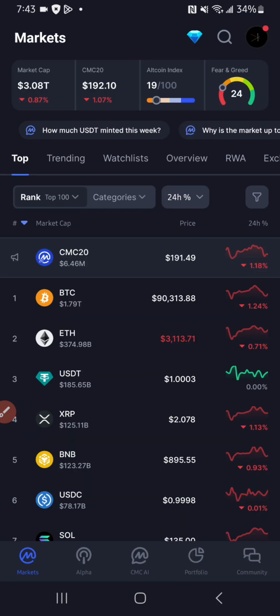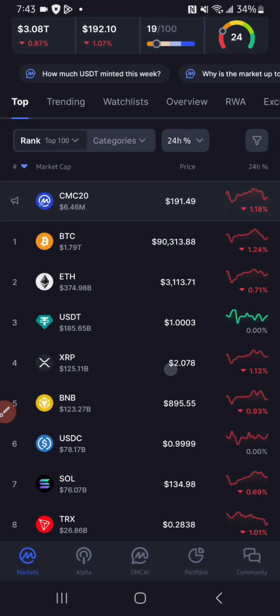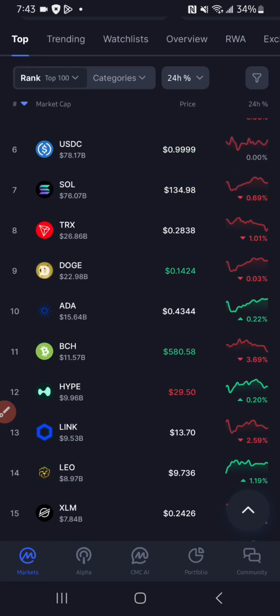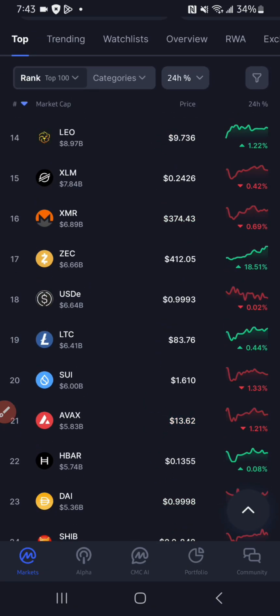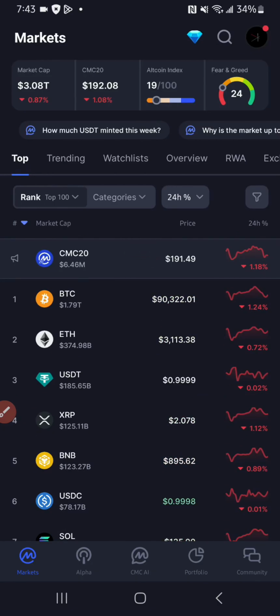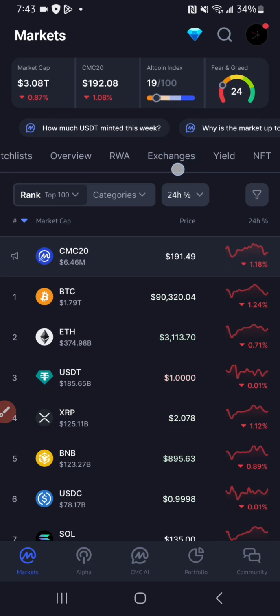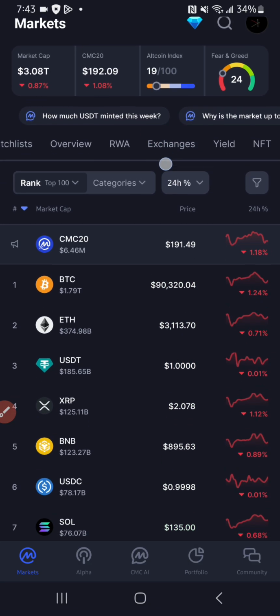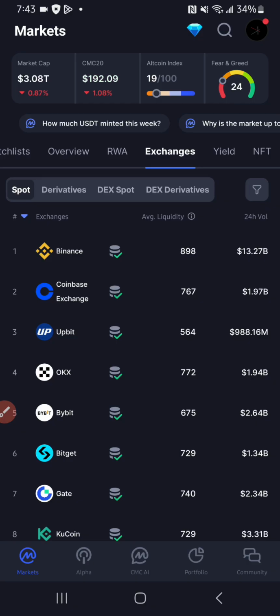On coinmarketcap.com, here is how it will look. All you will need to do is to make some configuration so that this strategy can work. To make that configuration, you will need to scroll to your right and then click on exchanges. Exchanges is right here. Once you click on exchanges, you are going to have to be on spot.